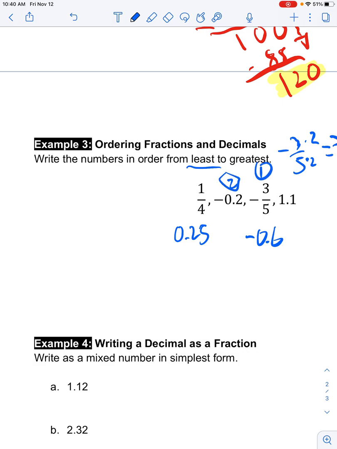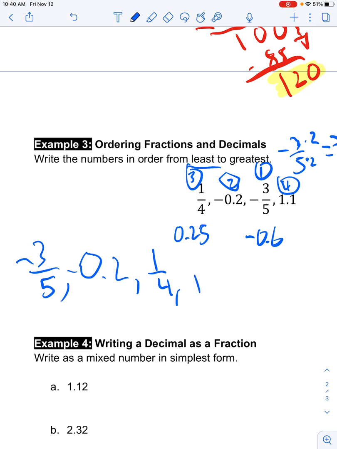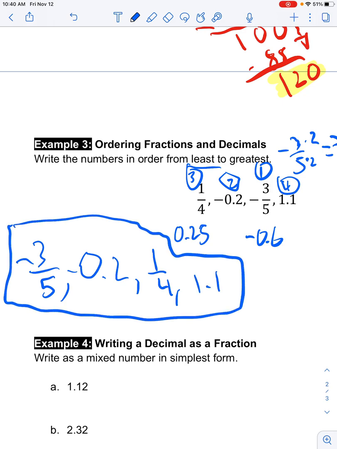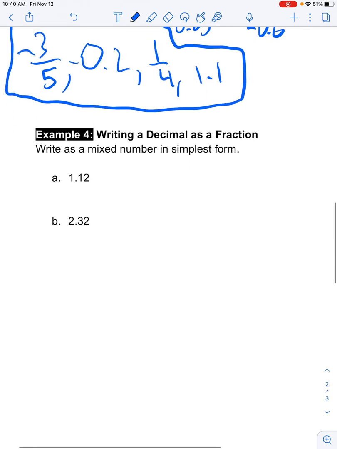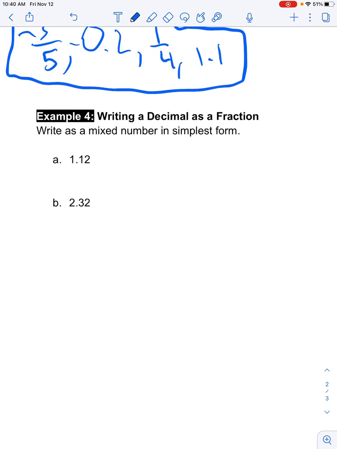Least to greatest. The more negative number goes first. So this is my smallest, second smallest, third smallest, and this is my greatest. So the more negative number goes first, followed by the less negative number, the smallest positive number, and the largest number.